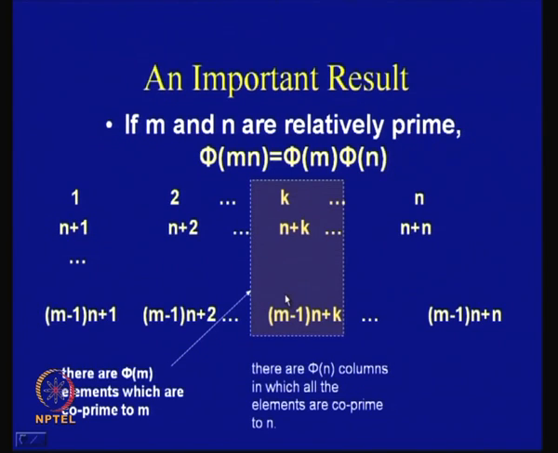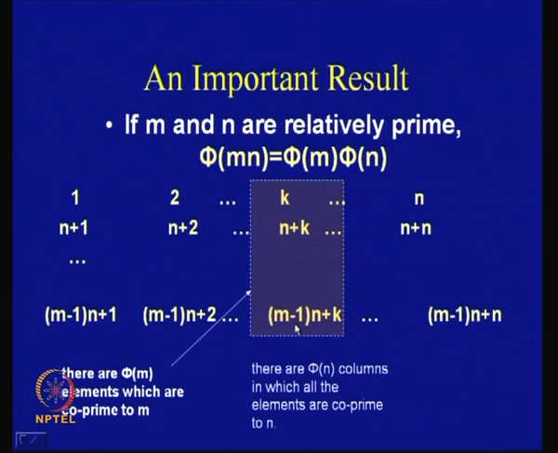So if I apply both of them, to repeat, there are phi n columns in which all the numbers are co-prime to n, and if we take one of those columns where k is co-prime to n, then in this column there are phi m elements which are co-prime to m.